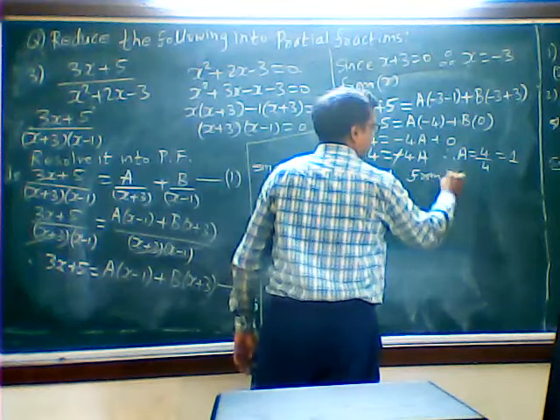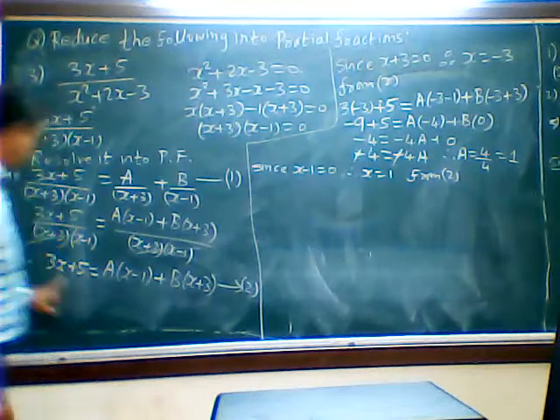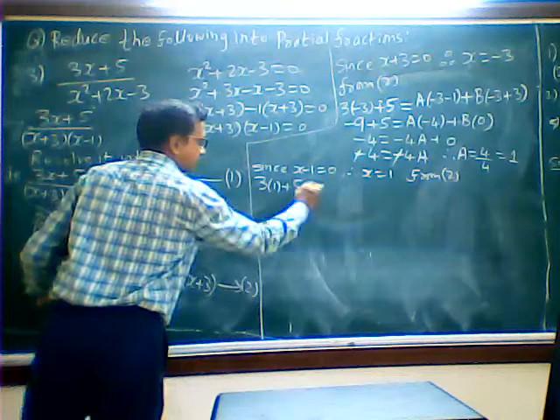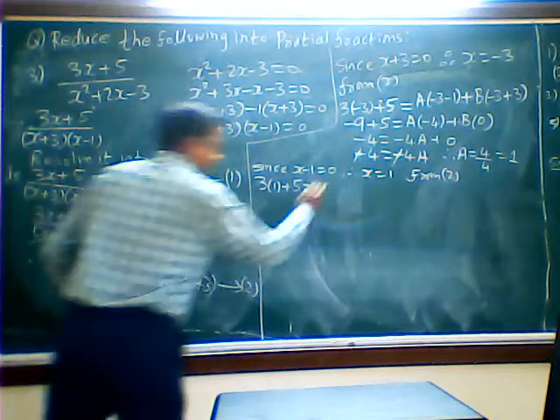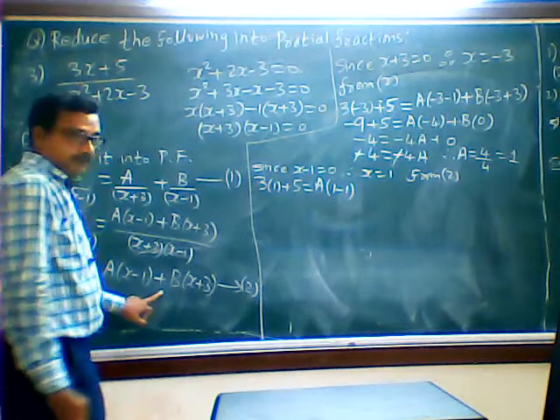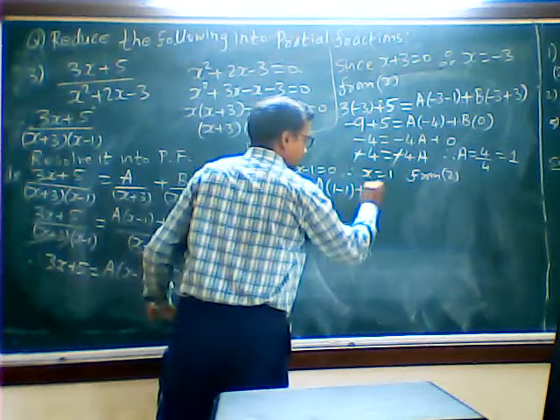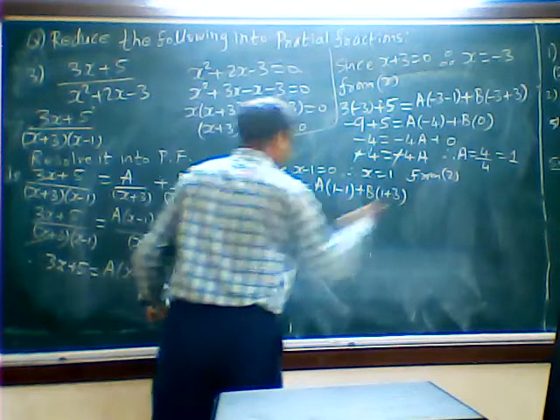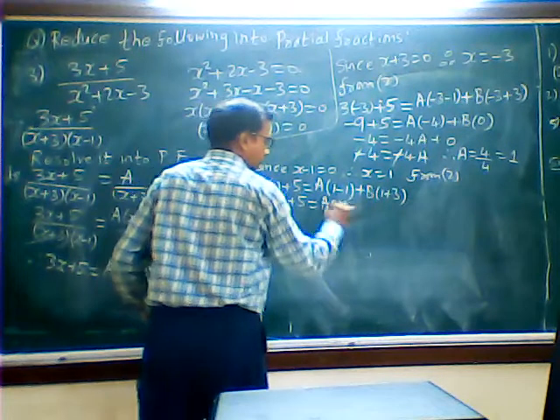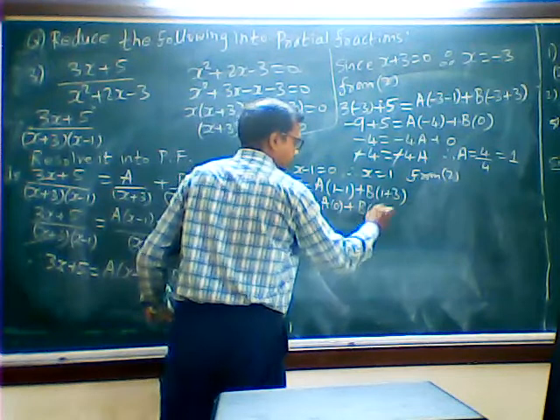From equation 2, again from 2, 3x plus 5, 3 into 1 plus 5 is equal to a, x minus 1, 1 minus 1, plus b, x plus 3, 1 plus 3. So 3 ones are 3 plus 5, a into 0, b into 1 plus 3 is 4.